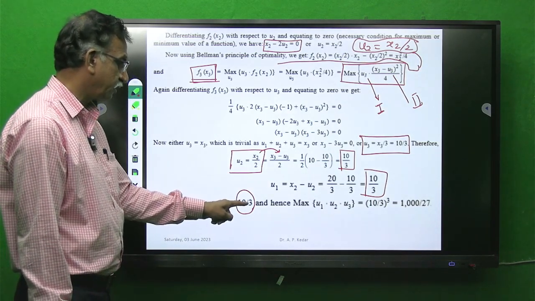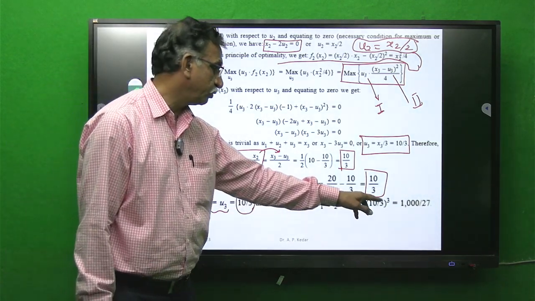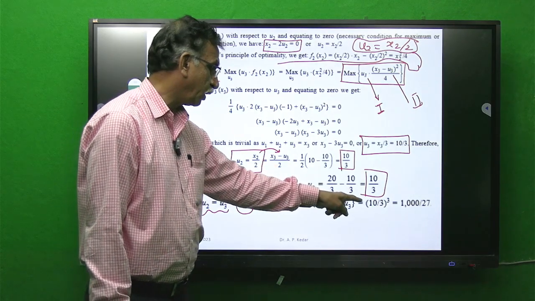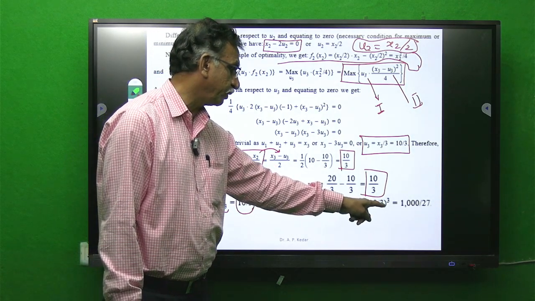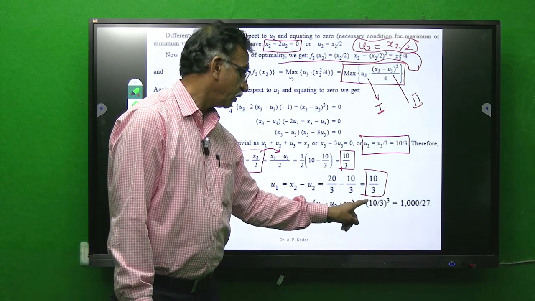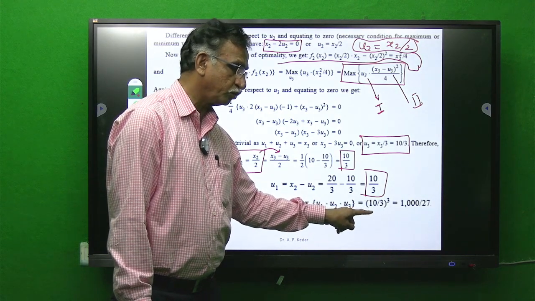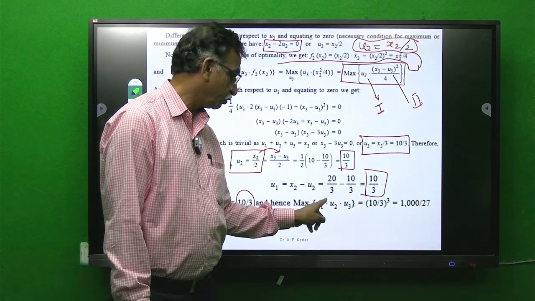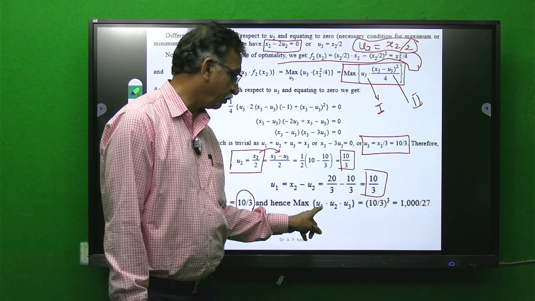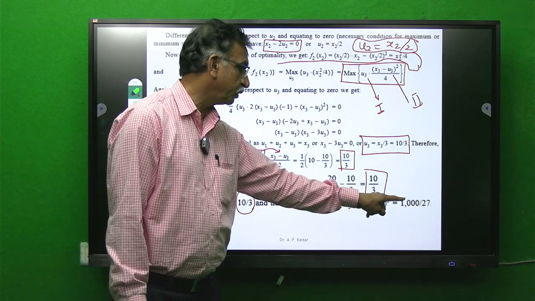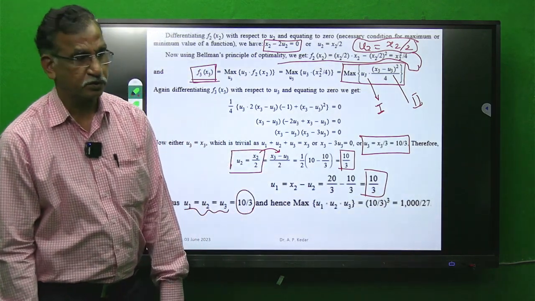Each value is 10 by 3, and the maximum value we are supposed to find is u1 into u2 into u3. So 10 by 3 cubed is 1000 by 27.